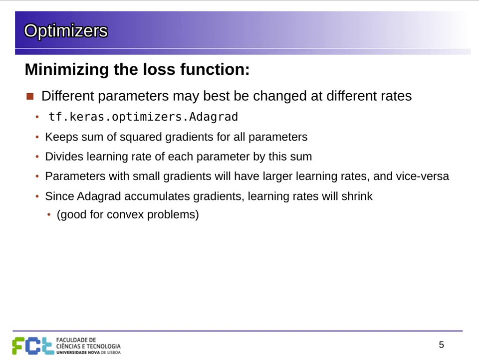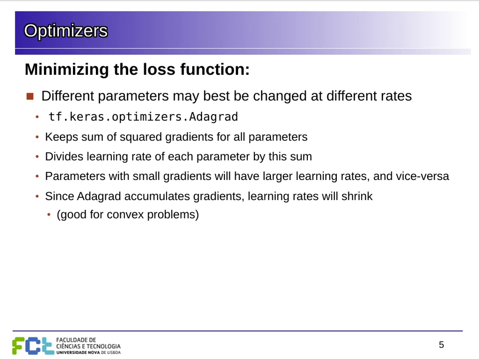So the bowl where you are, it shrinks as you approach the bottom. So it's a good idea to gradually reduce the learning rate as you approach the bottom, because then you have a smaller chance of overshooting the bottom and missing the optimum point. So for convex problems, AdaGrad is good because of that feature.